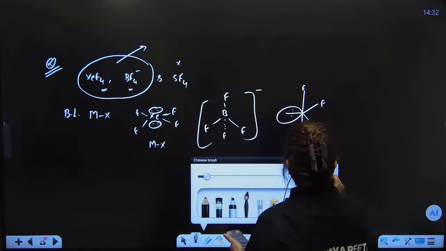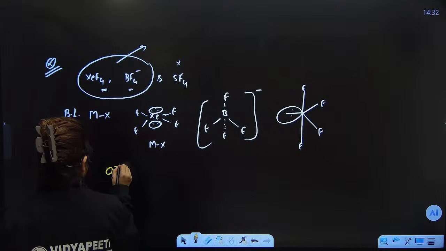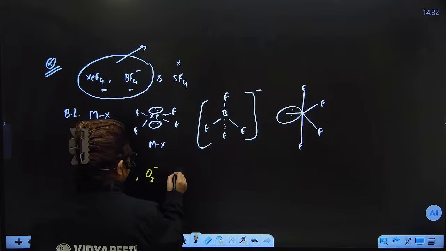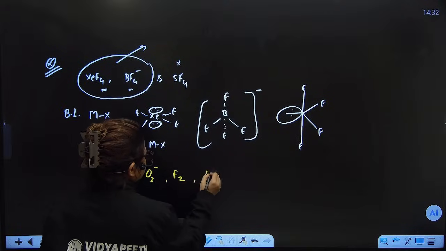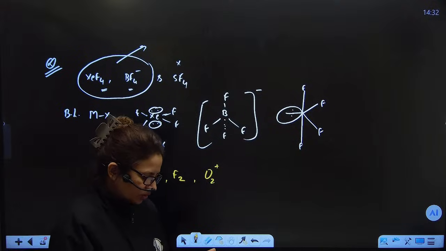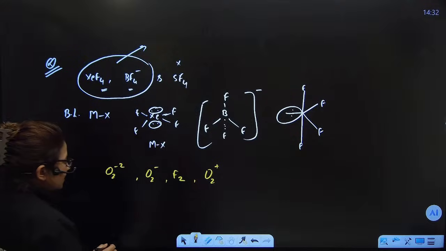Now the second statement. They are saying that among O2 2-, O2 -, F2 and O2 +, the highest bond order is in F2 and O2 2-. Okay, they are saying highest bond order.